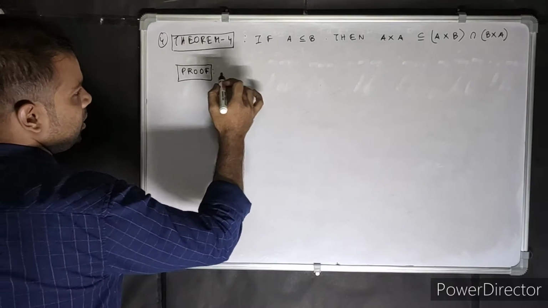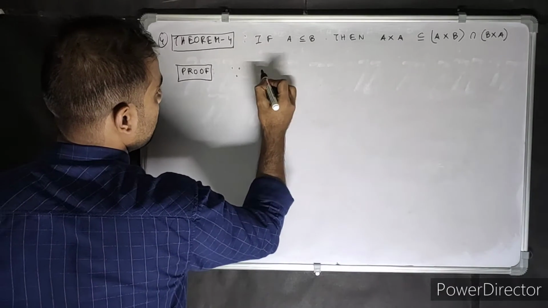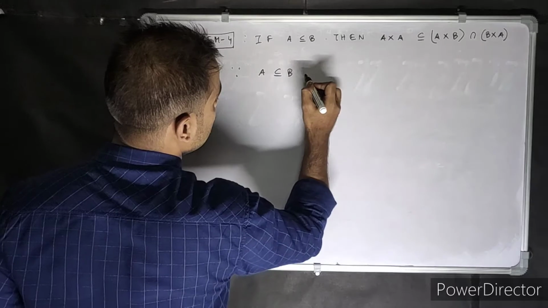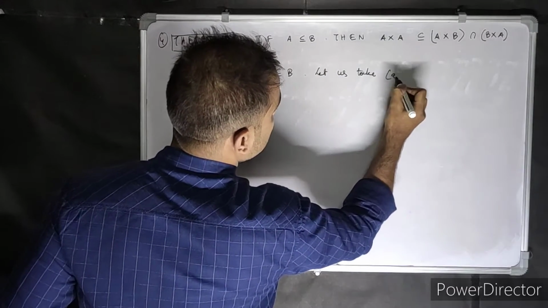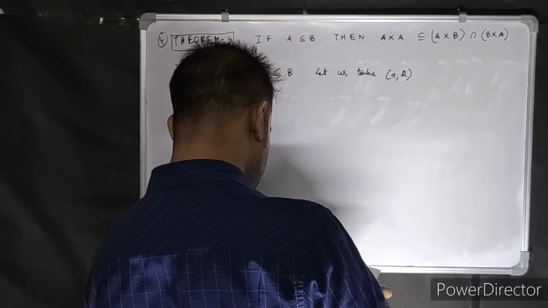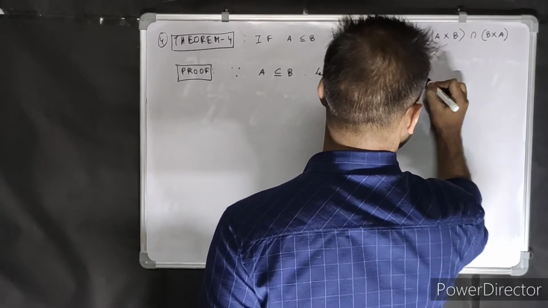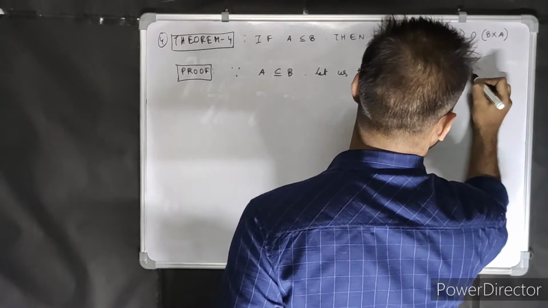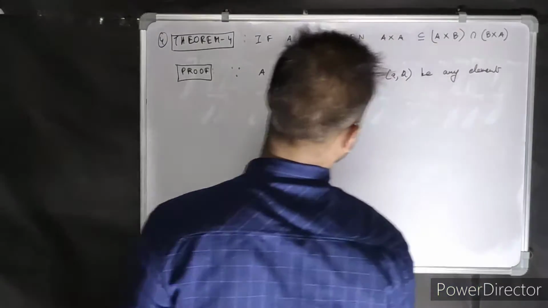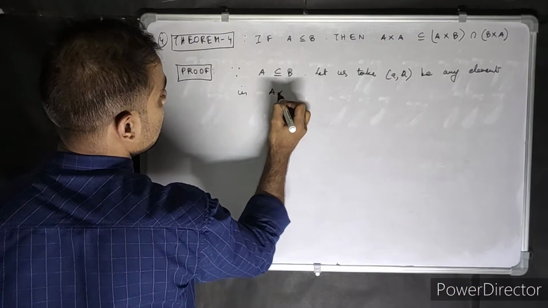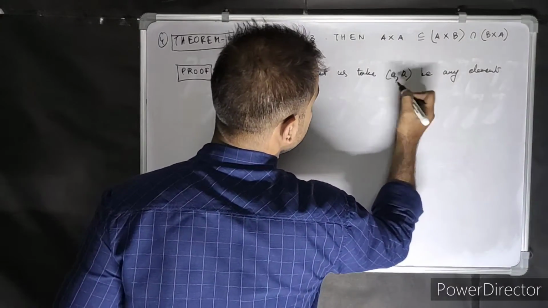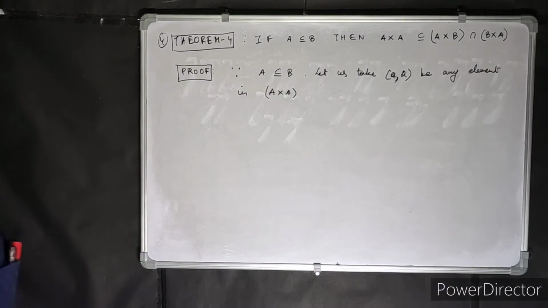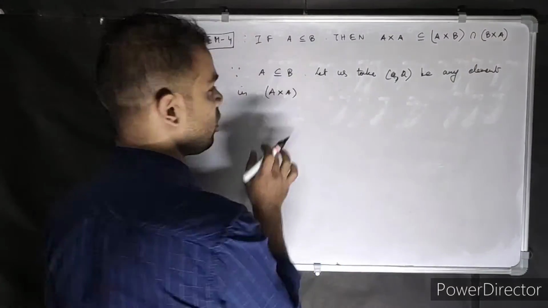Since A is a subset of B, let us take a, a as any element in A cross A. We are taking a and a only because it's A cross A. So we are taking a coordinate or a point from the A cross A set.